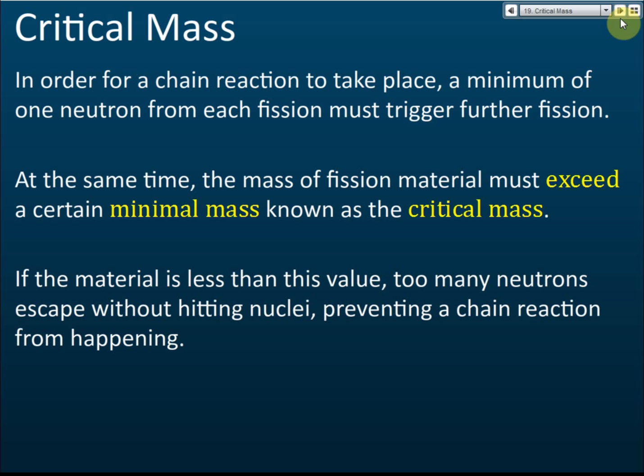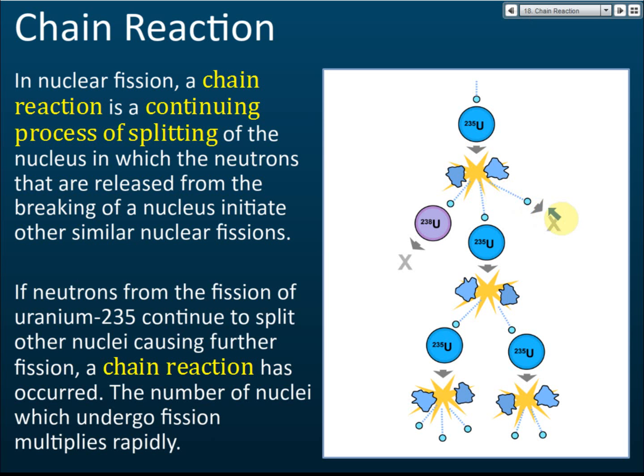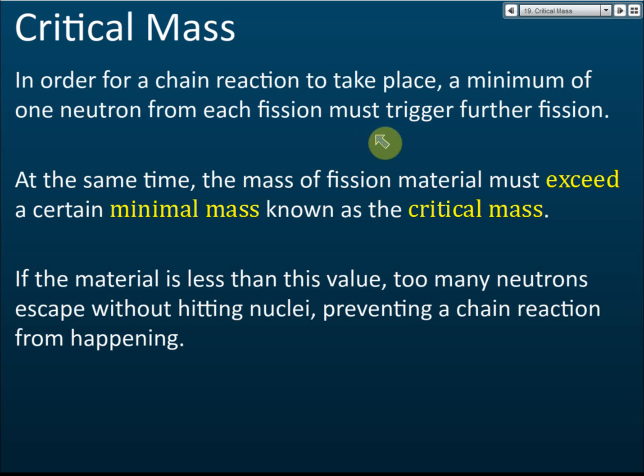But for a chain reaction, there's a requirement, because some of the neutrons may hit nothing. If you don't have enough uranium there, say these three neutrons do not hit any uranium, then the reaction will stop there. So if you want the chain reaction to occur, you must have enough uranium, and the minimum mass for the chain reaction to occur is called the critical mass.